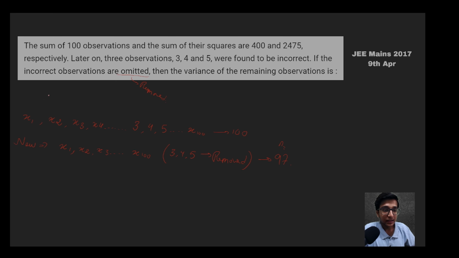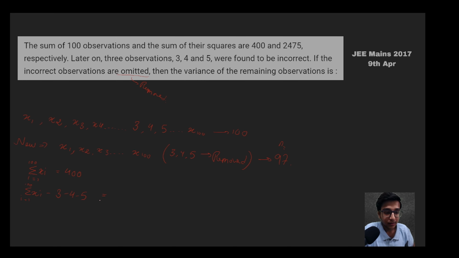Now it has been given that the sum of all these observations, that means summation xi, i is equal to 1 to 100, was equal to 400. So on simplifying this so that we can remove 3, 4 and 5, we can write this as summation xi, i is equal to 1 to 100, minus 3 minus 4 minus 5.